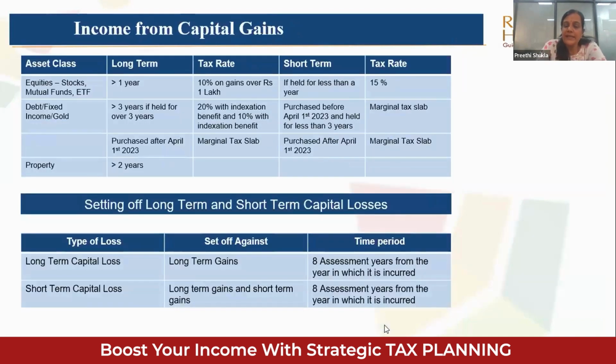Income from capital gains. Nowadays, most of us invest in mutual funds, stocks, ETFs, debt products, gold, and property. These are the rules that one needs to keep in mind. For equities, which include stocks, mutual funds and all that, if you've held them for more than a year, you will have to pay 10% on capital gains above 1 lakh.